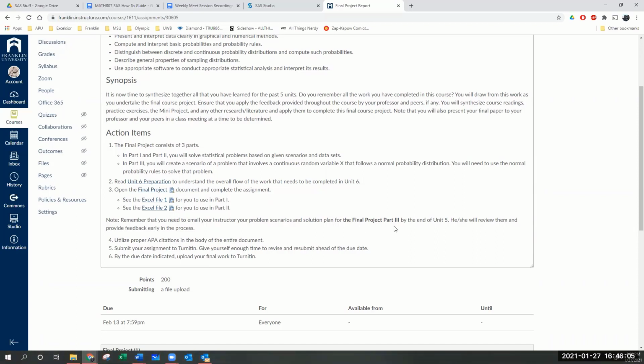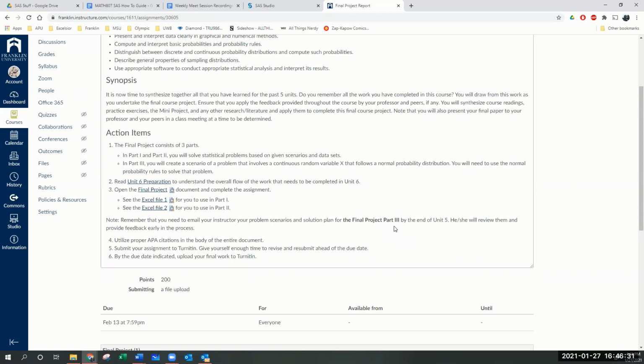Part 3 is in the abstract. The idea of part 3 is you're going to make up your own research scenario that involves collecting data, that should involve collecting continuous data, i.e. something that's measured, not counted, so that it would create a continuous probability distribution like the normal curve.